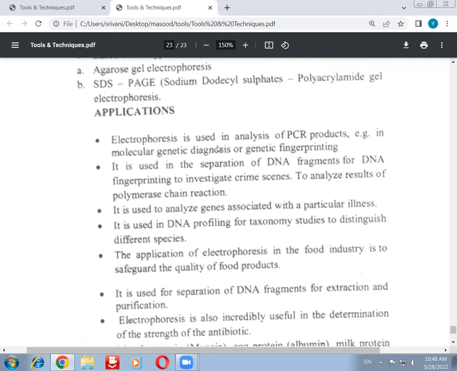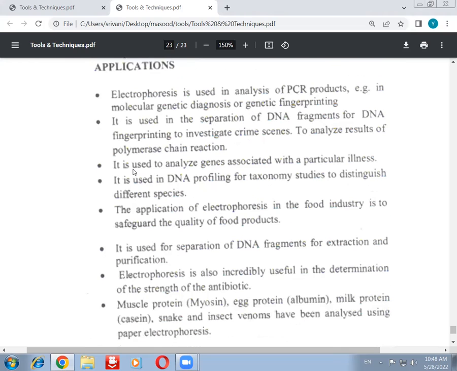Application: electrophoresis is used for analysis of PCR products, for example in molecular genetic diagnostics and genetic fingerprints. This technique is used for genetic diagnostics, DNA tests, meaning which type of DNA is there. Genetic fingerprints are also used now.